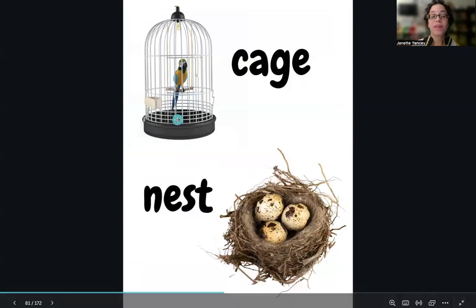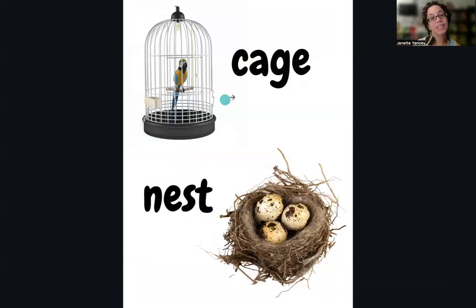And here we have a bird in a cage. Cage. So this letter is not saying a. It says a in the word cage. The bird is in the cage.